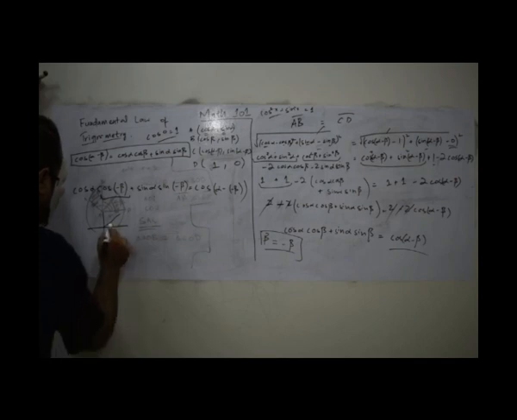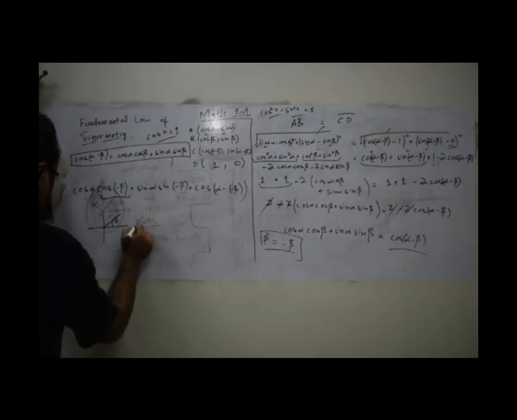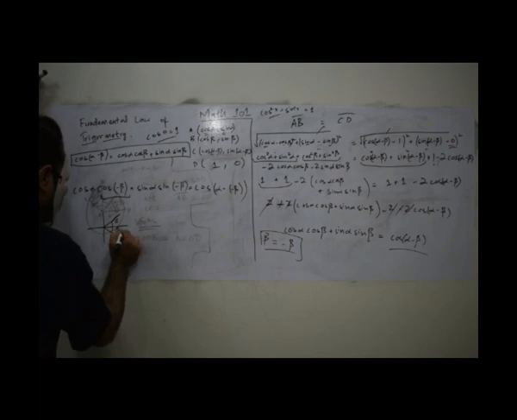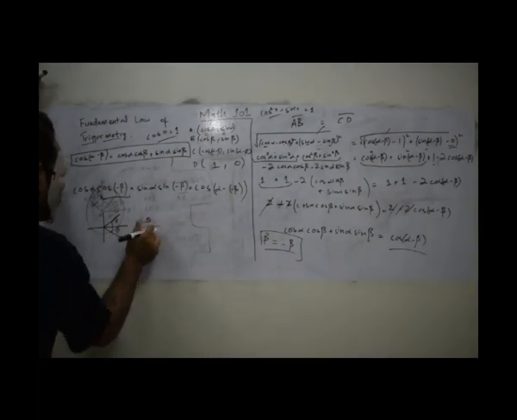Let's say this is a line that subtends some arbitrary angle with the horizontal. Let's call this theta. Now if we rotate the line in the opposite direction, we can say this is minus theta. This line traveled by minus theta.